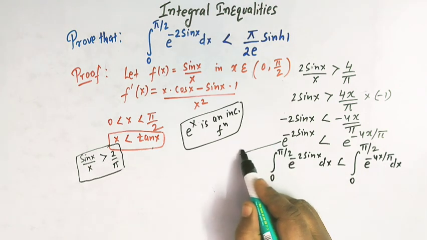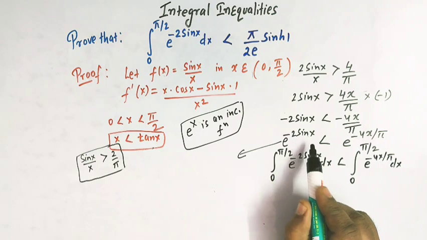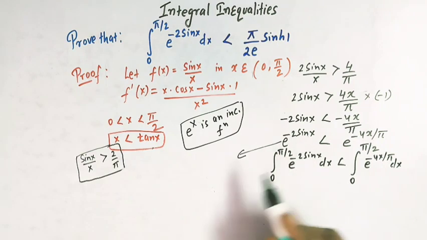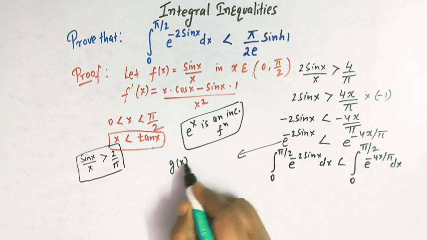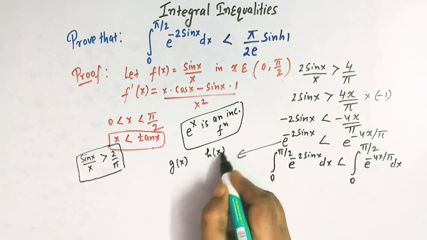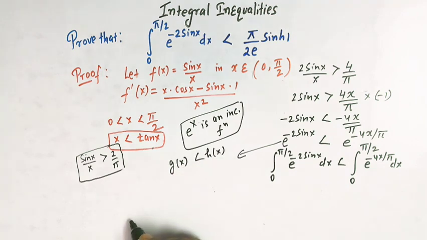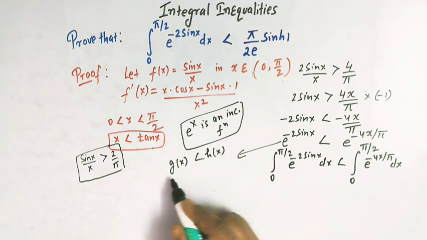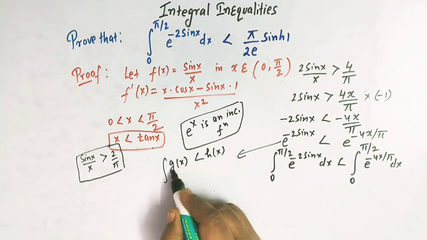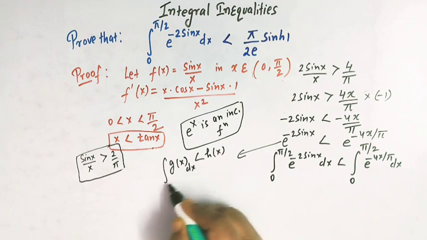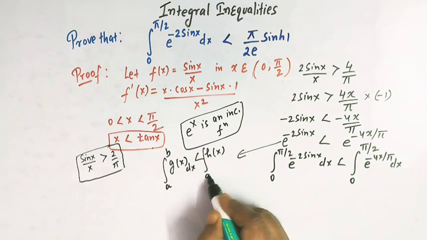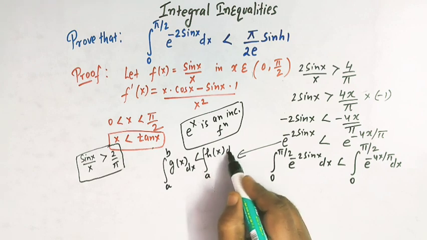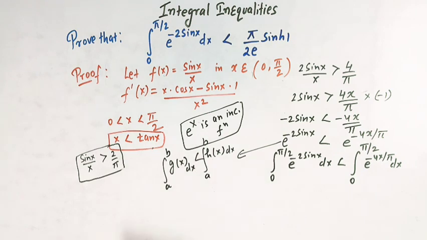So here also we have used an important concept from definite integrals, that is, if we have two functions, say g of x and h of x, and g of x is less than h of x, then the integral of g of x from a to b is less than the integral of h of x from a to b.